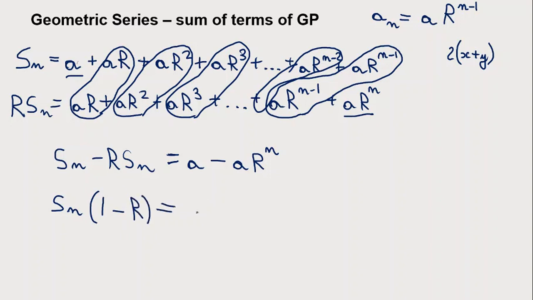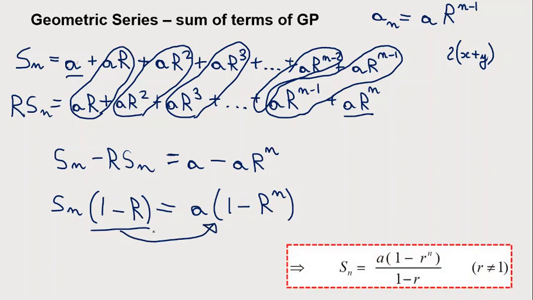On the other hand, I will have a times 1 minus r to the power of n, and then the very last step is to bring that entire bracket to the other side by dividing through by it. So if you divide through by it, you will end up with the actual formula for the series of geometric progressions, which you can see here right on the screen.